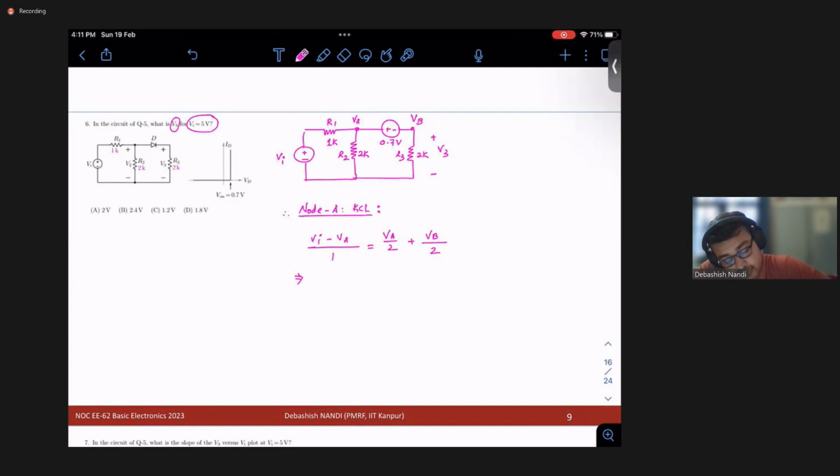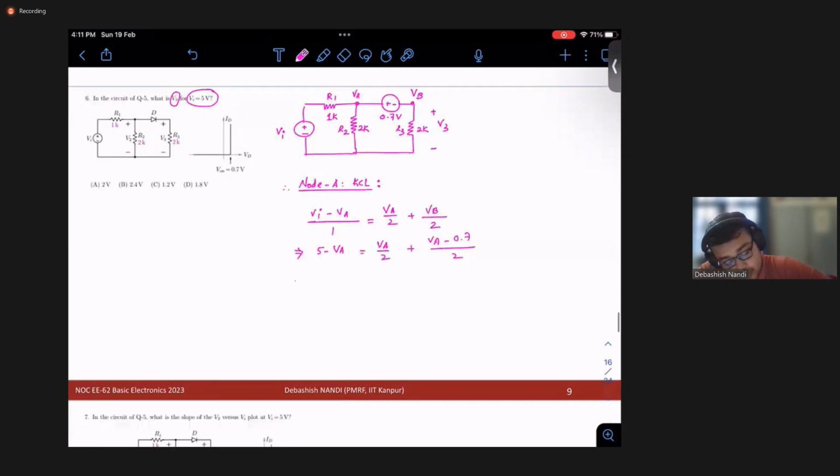So Vi is 5 volt. 5 minus Va equals Va by 2 plus (Va minus 0.7) by 2. That means 5 equals 2 Va minus 0.35. Va is 5.35 by 2 volt.